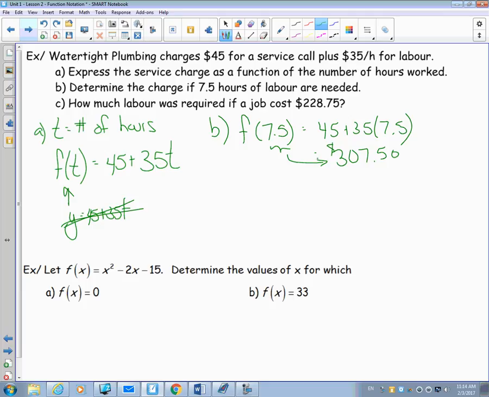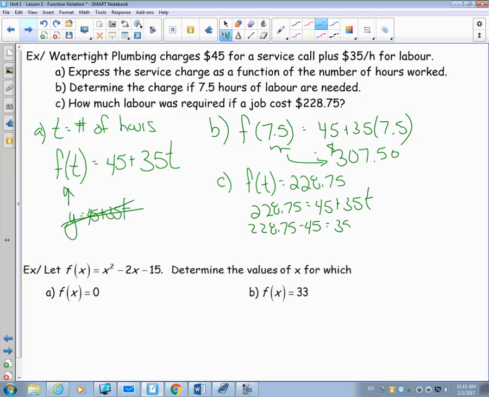Okay, if we try the last one, how much labor is required if a job costs $228.75? Well, they're telling us that the function has a value of $228.75. How long did it take to get to that? So we can solve. Take our equation and solve it. So numbers on one side, letters on the other.